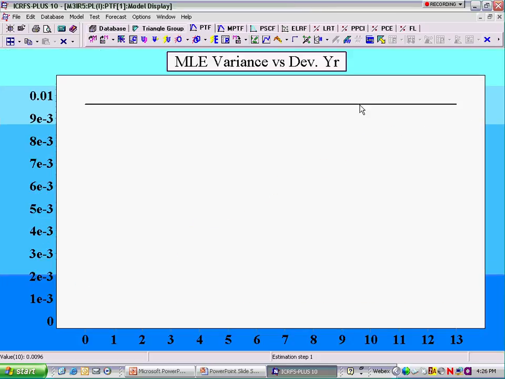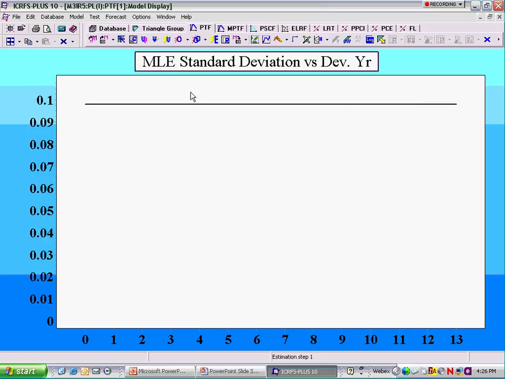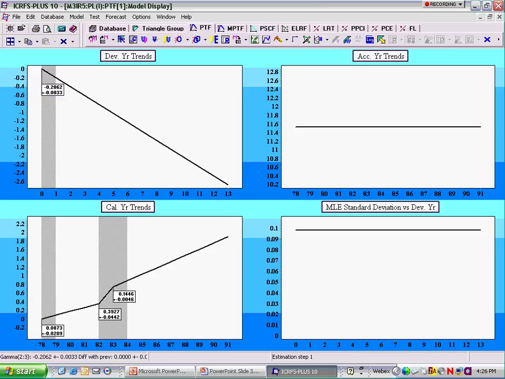Okay, this is the variance of the normal distribution. 0.0096. The standard deviation is just under 0.1, so the coefficient of variation of the log normal on the dollar scale is at least 10%. Okay, but a model, there are 4 pictures.